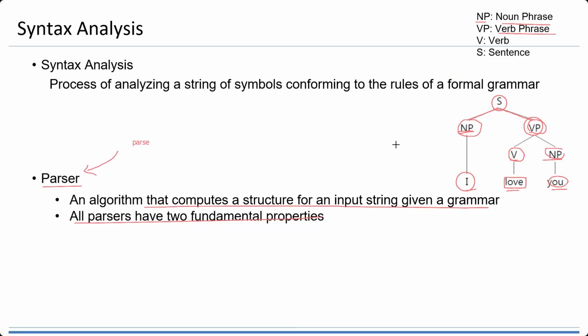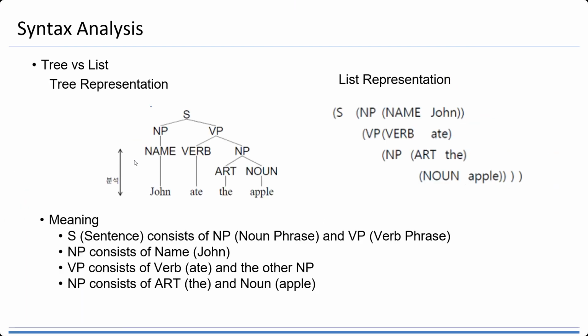Okay, so we will check this one. It can be represented with a tree. It can be represented with a list. If it is a tree representation, then you will see it like this.